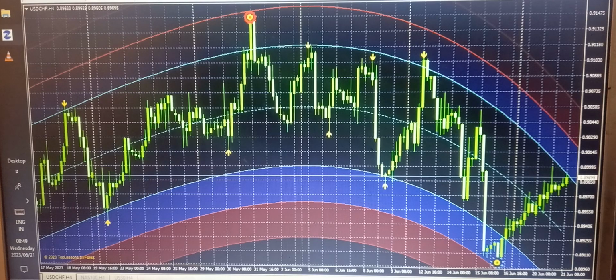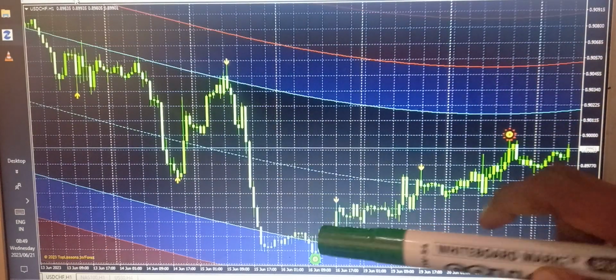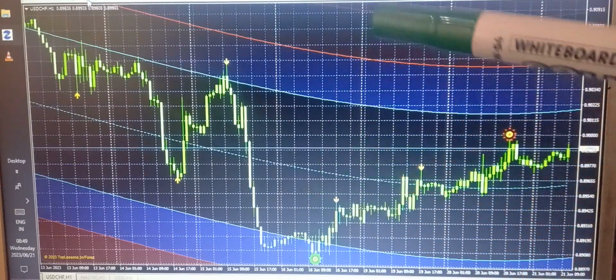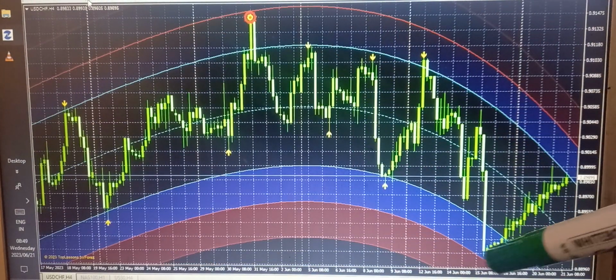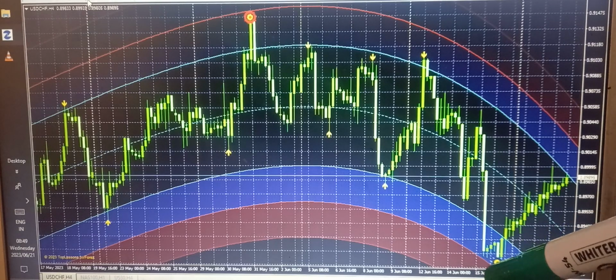In simple terms, if you have a signal on the 1-hour time frame like this, make sure that you also have the same exact signal on the 4-hour time frame, okay?